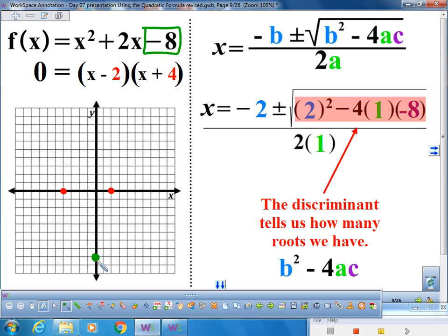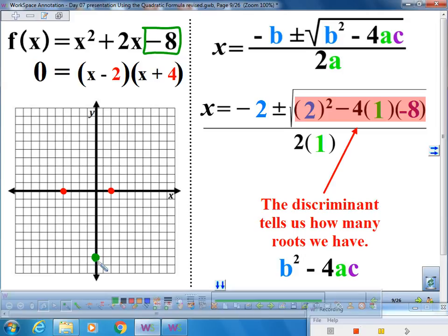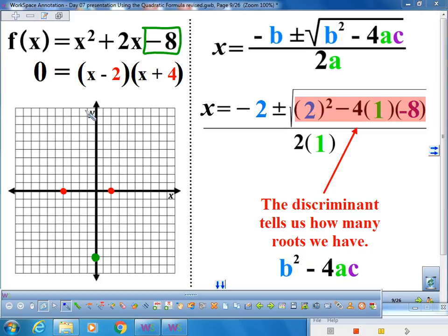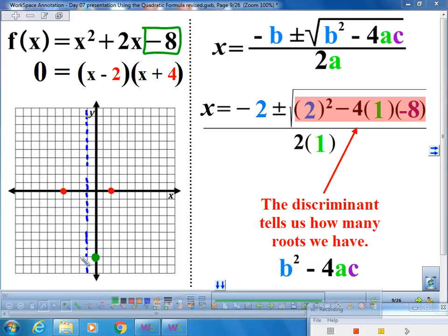I also know the axis of symmetry is right here at -1. And I also know, since a parabola is always symmetrical, then I must have a point right here as well.